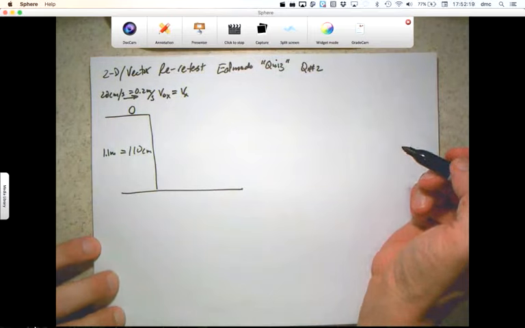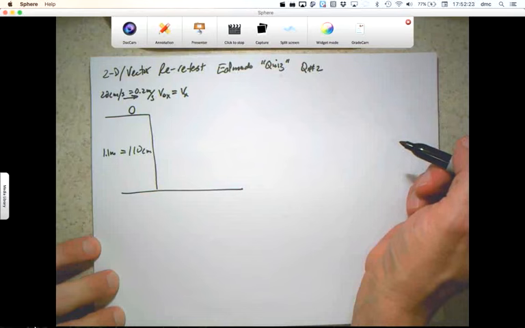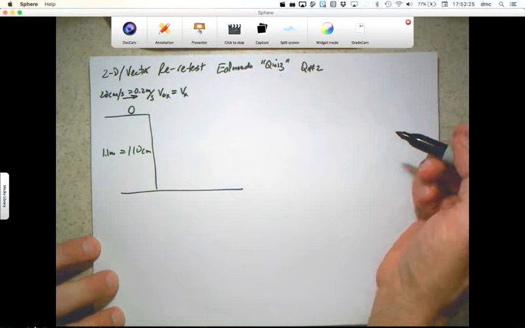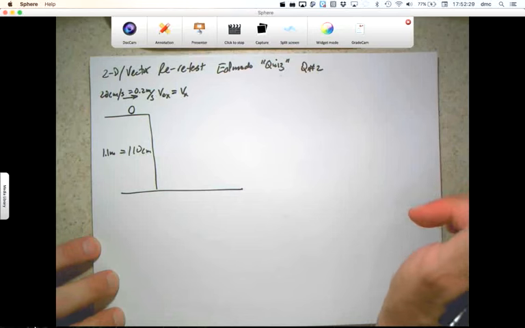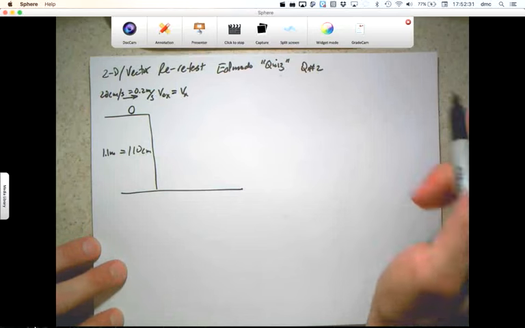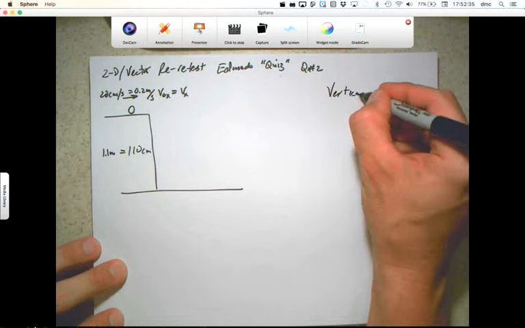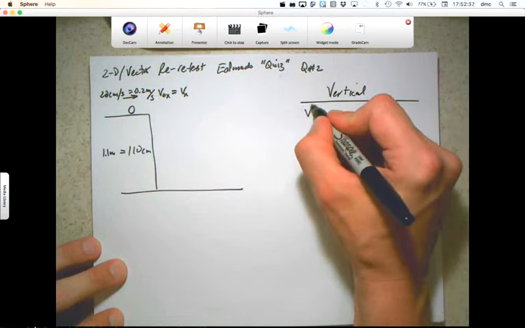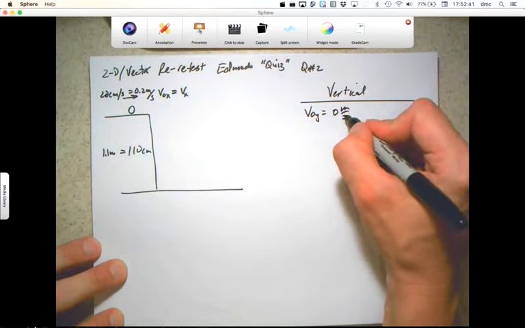Alrighty, so what does it want us to know? Interval values rounded to 3 decimal places. Okay, so the time for the marble to hit the floor. So how long does it take anything to fall? So over here, vertical. The initial vertical velocity is 0 meters per second.